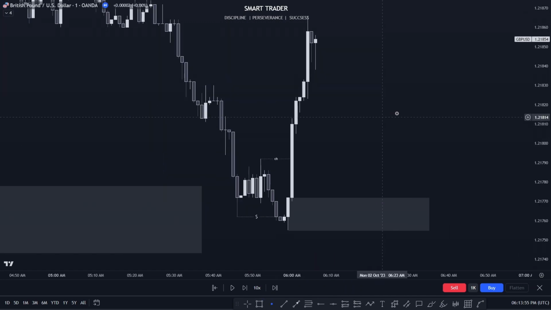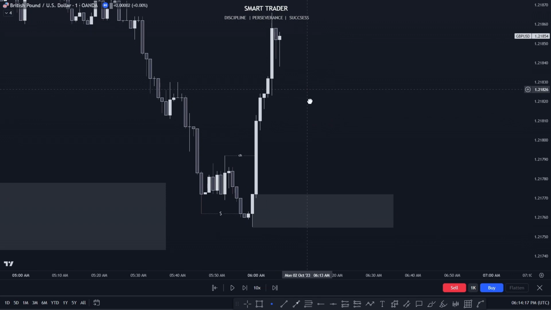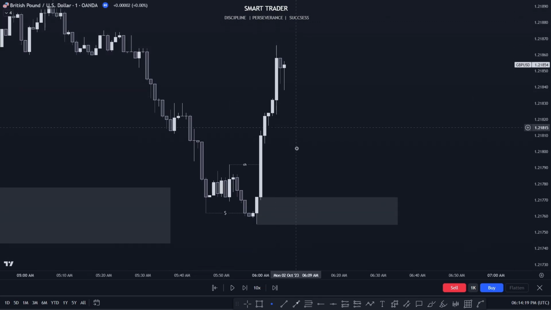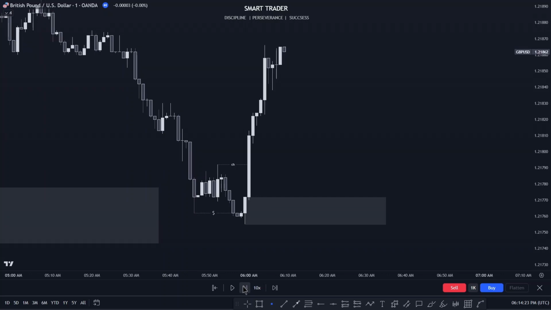Many traders will expect the market to come back to mitigate this order block before entering, which is a great mistake, because order block is not SMC. You guys have to keep in mind that order block is not SMC. The main thing in SMC is liquidity. So in this case we will not need any inducement over here. So let's see what the market did over here.